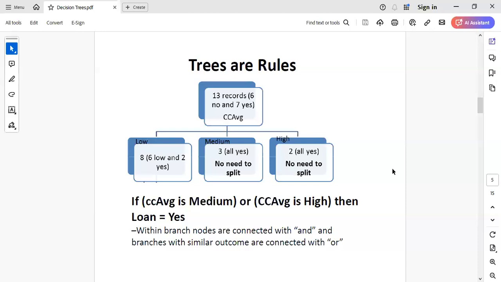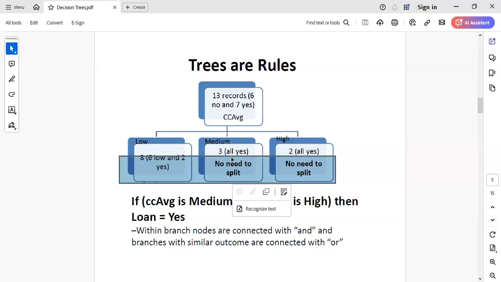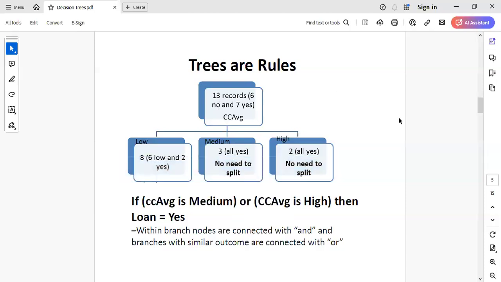So the condition is, we have medium in CC average, there are 3 records, all of which are yes. In the high category we have 2 records and all are yes. So there are two branches. How can you write each branch? You write, if CC average is medium, then loan is equal to yes, because this dependent attribute is personal loan.